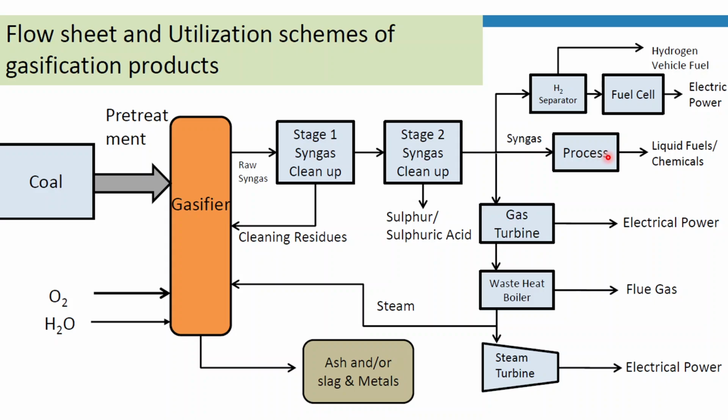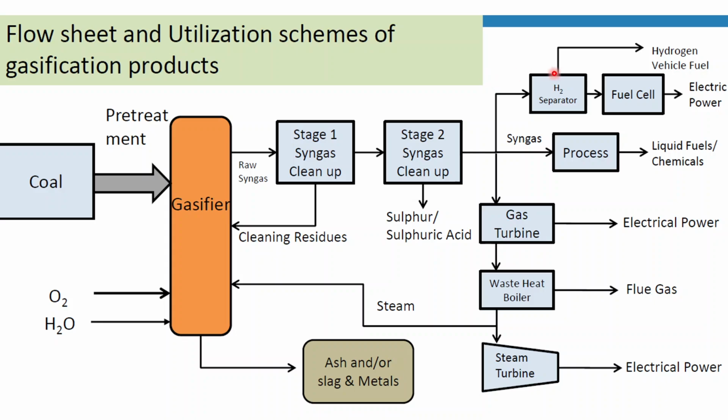for downstream applications. As I told, syngas can be used for the production of liquid fuels, or this syngas consists of carbon monoxide and hydrogen, so hydrogen separation can be done, and this hydrogen can be used for hydrogen vehicle fuel and in fuel cells for the production of electric power. This hydrogen gas can further be sent to a gas turbine for electric power, and a waste heat boiler for heat recovery, which yields flue gas, and a steam turbine for production of electric power.